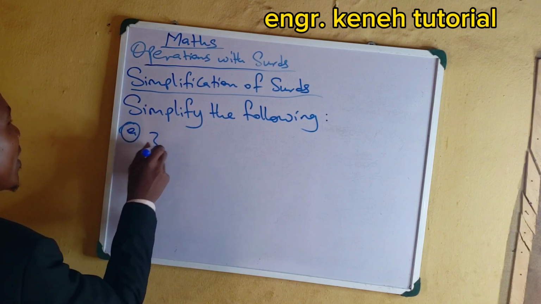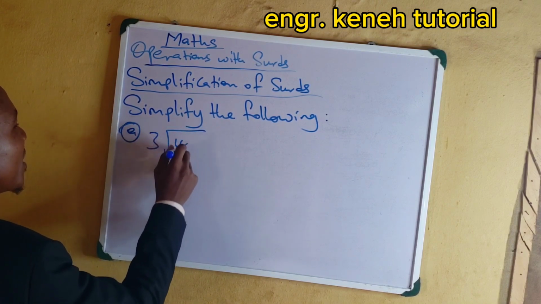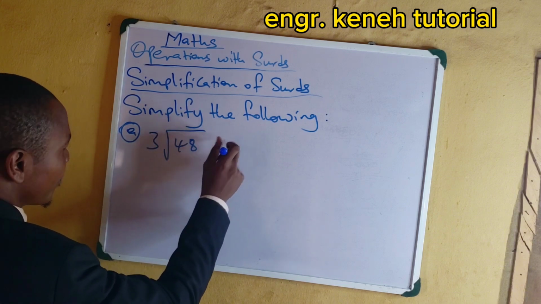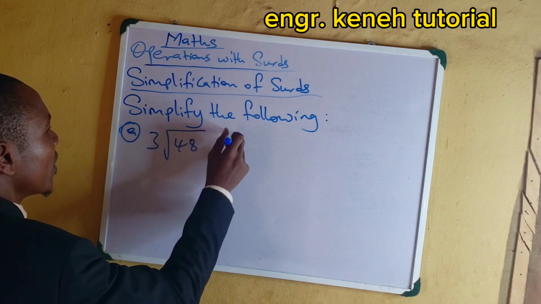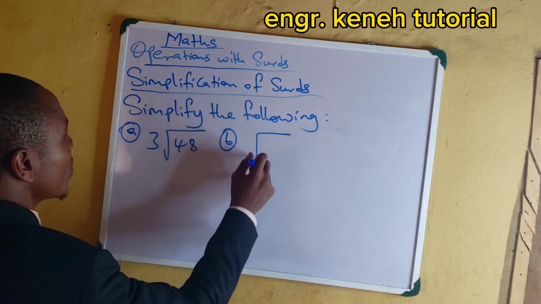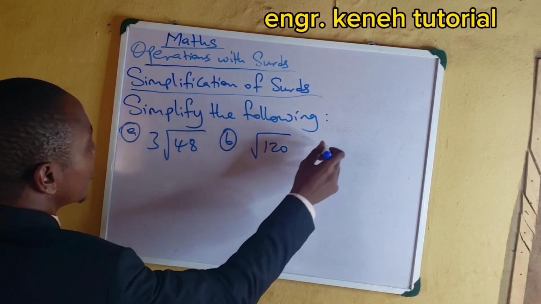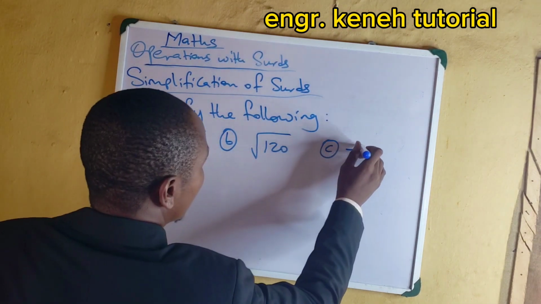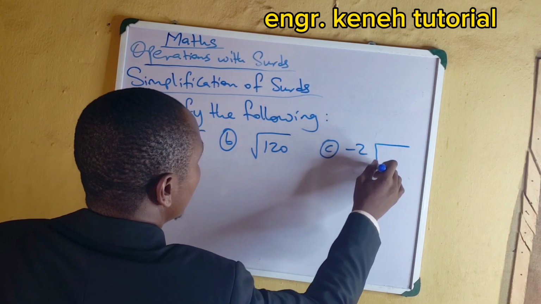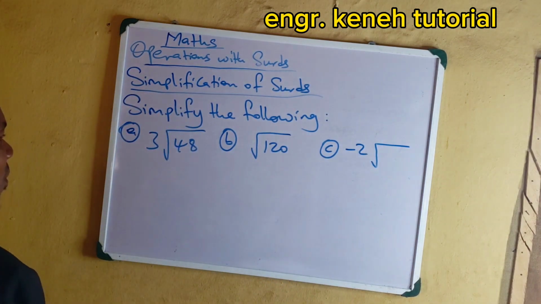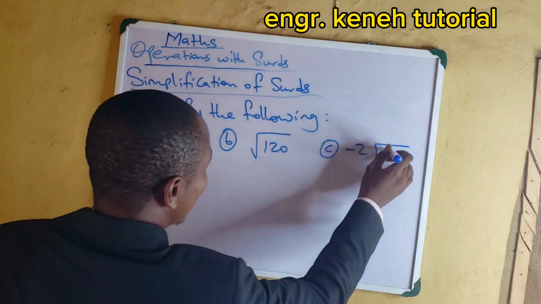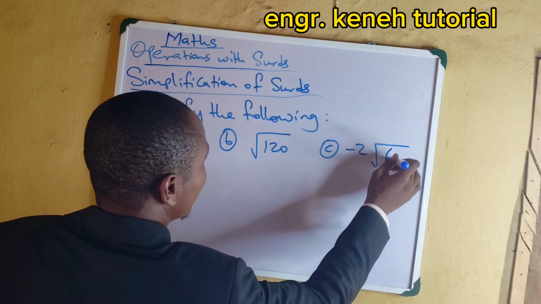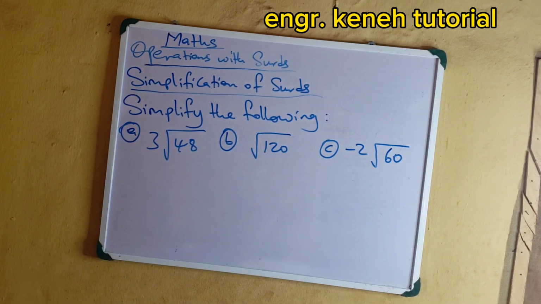Maybe I have 3 root 48, maybe here I will have B, root 120, and maybe here I will have -2 root 6. They said simplify the following.